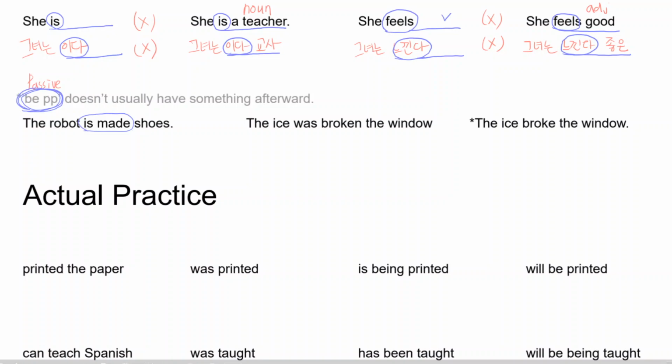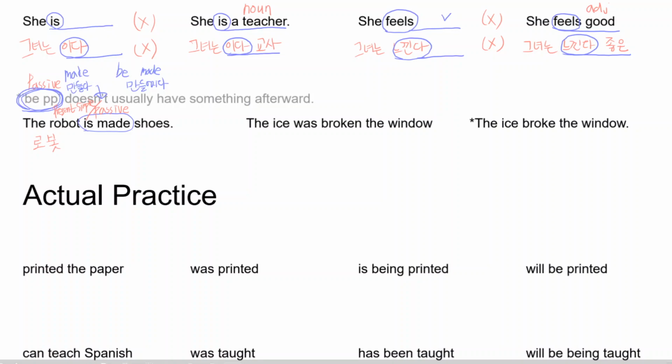Why is that? Let's make a little translation here. Robot is made. What does "is made" mean? It's in passive voice, right? And what tense is this? Present simple. Okay, so make is 만들다. Be made is 만들어지다.